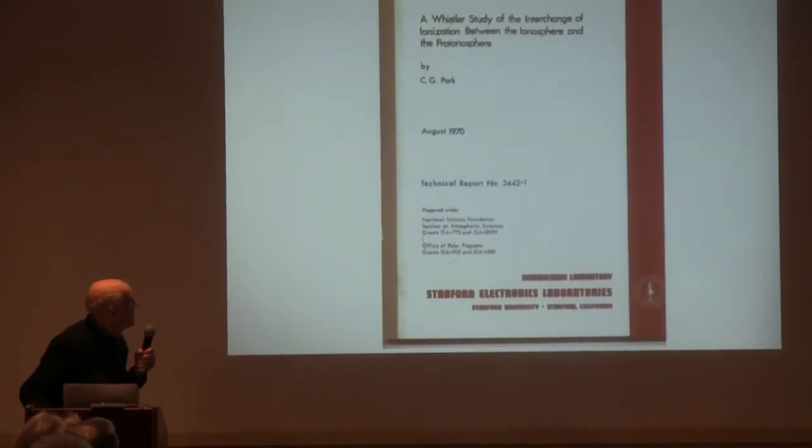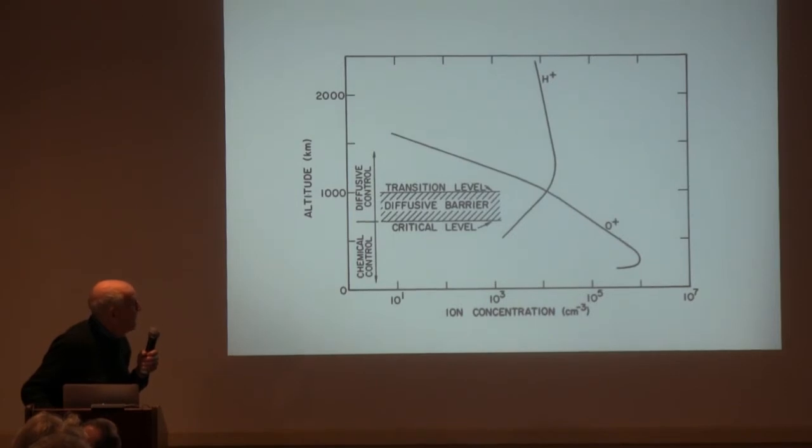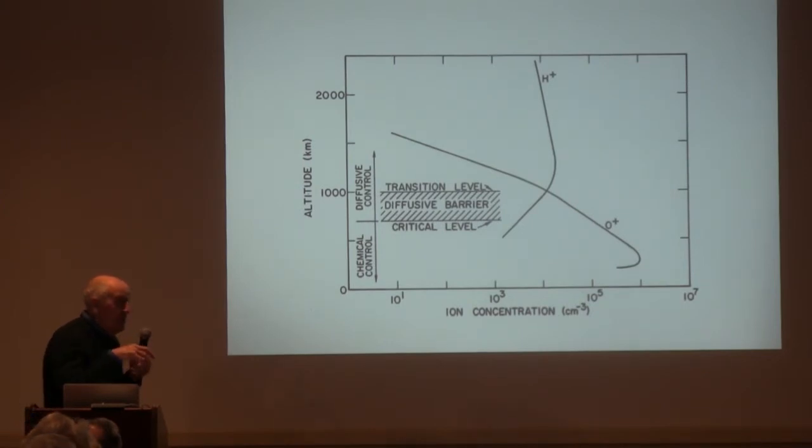And here's an example from his thesis, and of course the great accomplishment he made straight off was to demonstrate that the upward fluxes from the ionosphere into the overlying region were sufficient to explain the densities observed in the plasmasphere, and in particular sufficient to allow the nighttime ionosphere to exist as a resource for the overlying region.